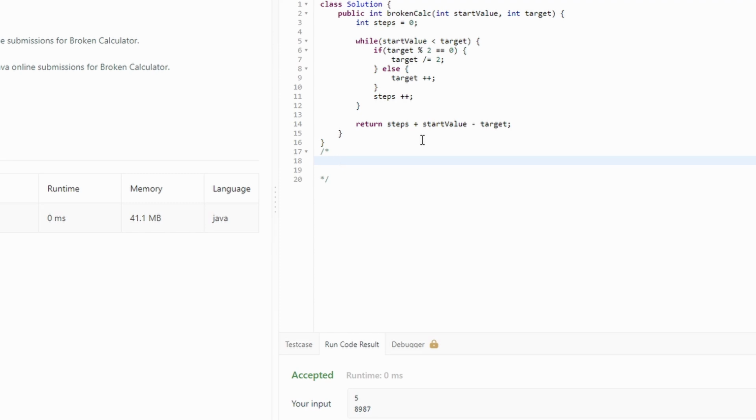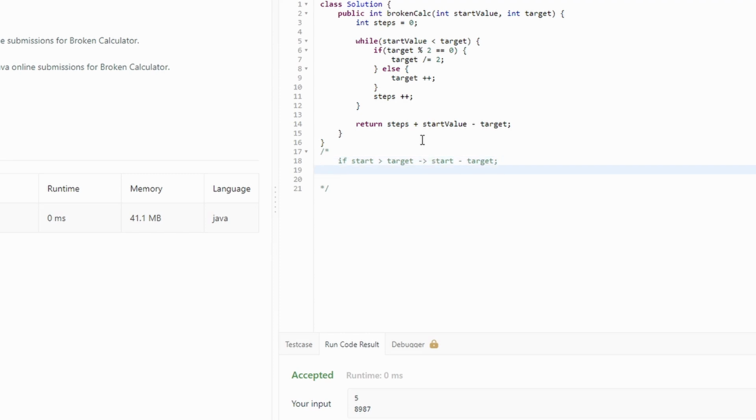So if the start is greater than target, we have the answer, which is start minus target, right? That means the answer would be this.